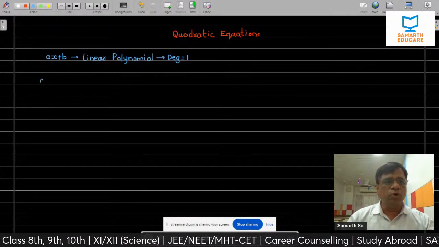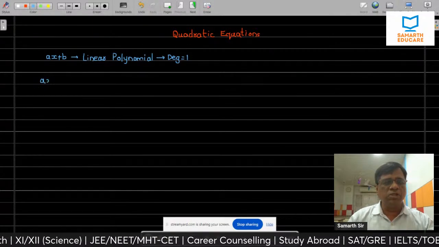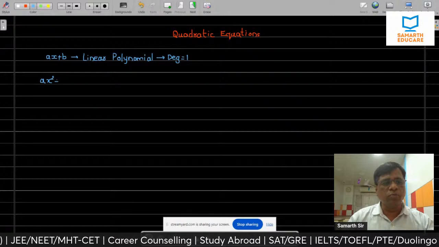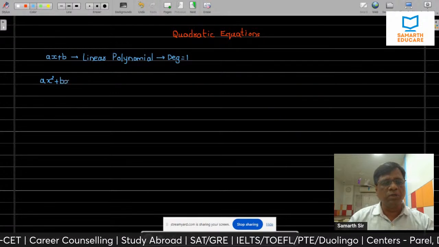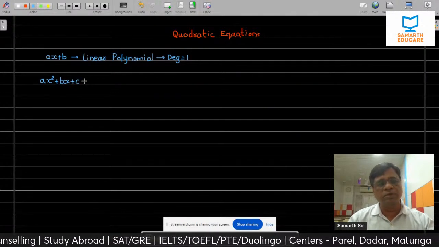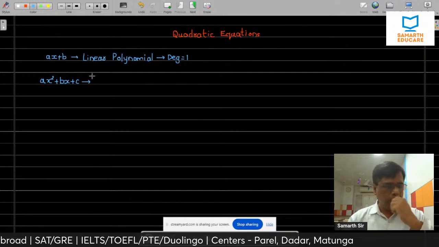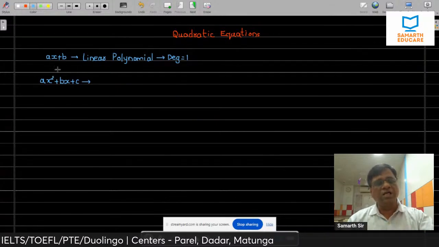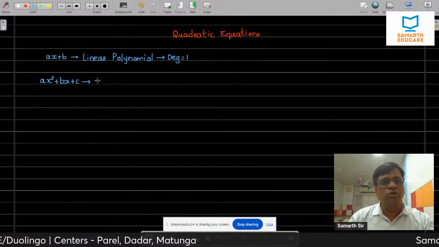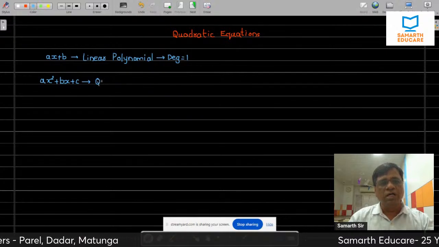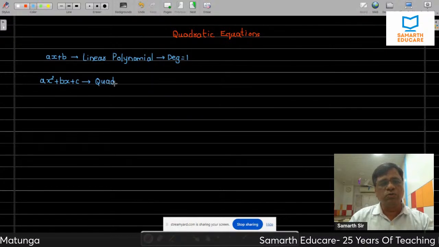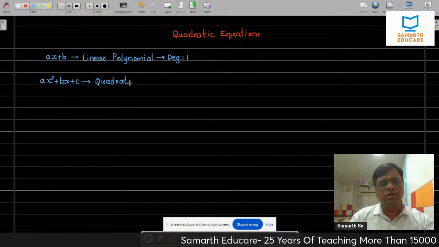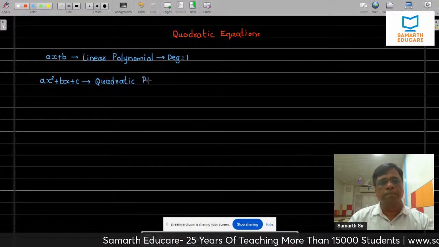Now, the another polynomial that you studied in the polynomial chapter, that is the quadratic polynomial. This is quadratic polynomial. Ax square plus bx plus c. So you observe that the highest power, x का highest power, variable का highest power जो है 2 है. So when the highest power or the degree is 2, that is called as quadratic polynomial.